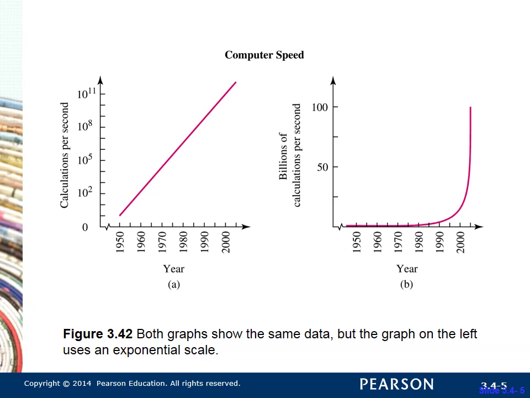So 3.42a is the one where I'm going up exponentially, and yes, I could make a prediction fairly easily, but for the one on the right, B, not really, because it just looks like a vertical line. It's very hard to read the differences from one year to the next. So that's another good reason for the exponential scale.